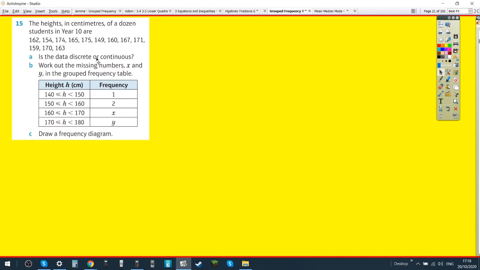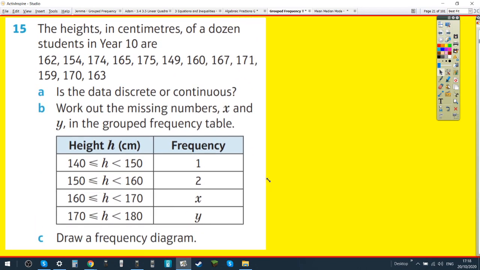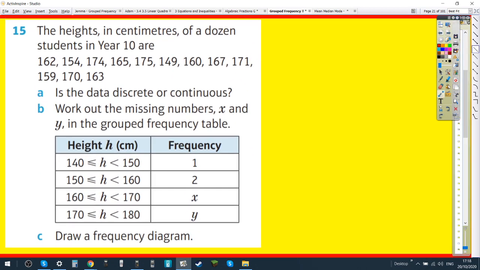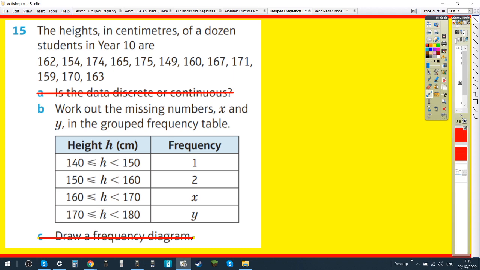See, X and Y. Yeah, let's just try question B for this one. Any idea how you do this?